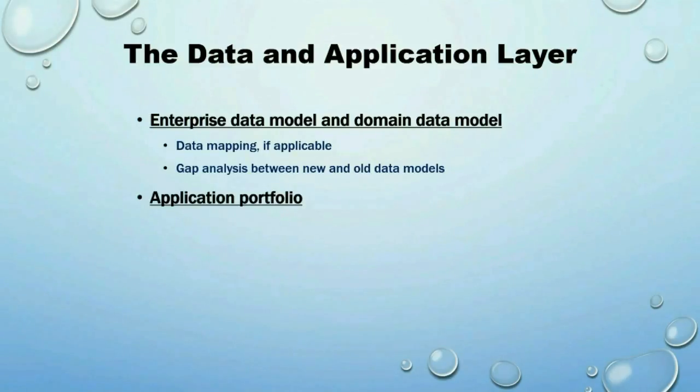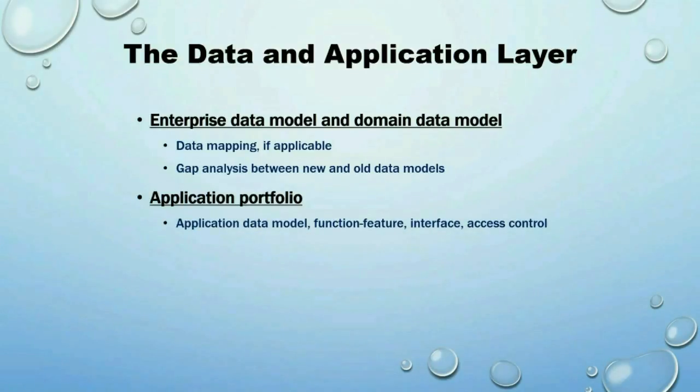For application analysis, we're going to be pretty brief here. Obviously each application may or may not have its own data model. That's one thing we need to analyze. And then we want to analyze the function and feature, the interface, and the access control.